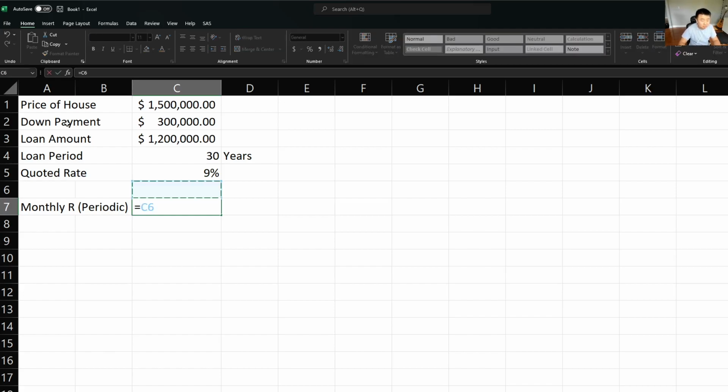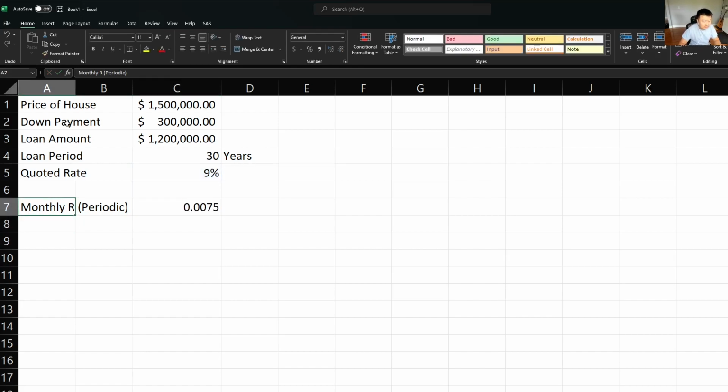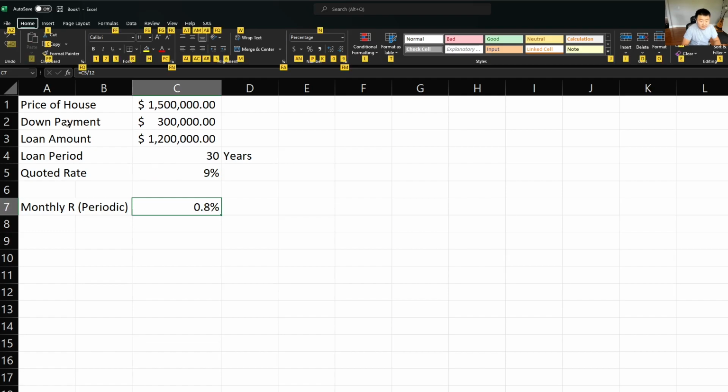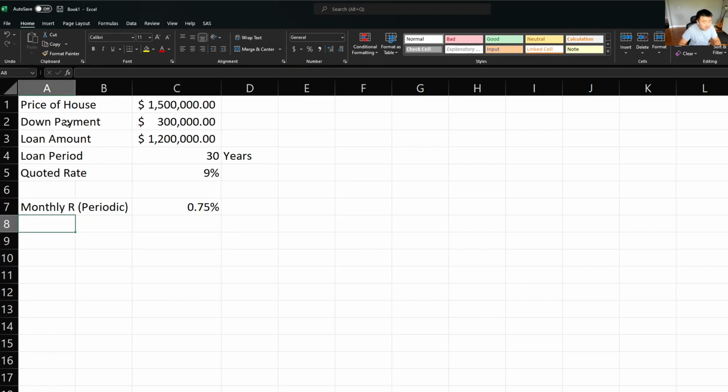So because the quoted rate is 9% and it's compounded monthly, so every month you make a payment, it's going to be 9% divided by 12. So it's 0.75%. Here we go. Okay, 0.75%.